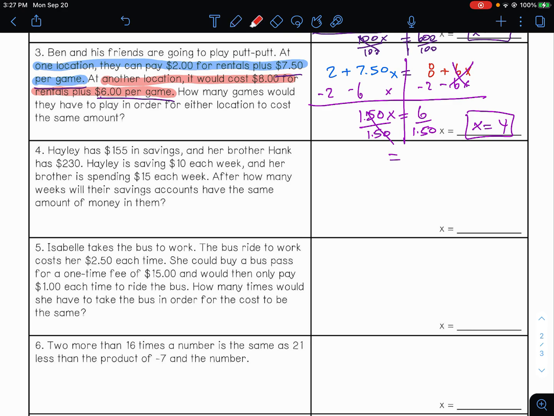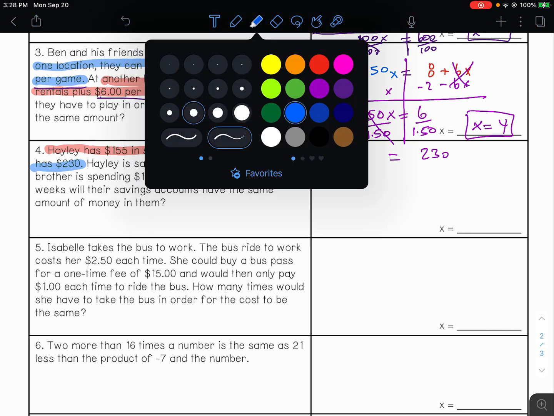So let's look at Haley. She has $155 in savings, and her brother has $230. Okay. So one is going to be $155. The other is going to be $230, and that is not a rate. Let's go back to the rates.